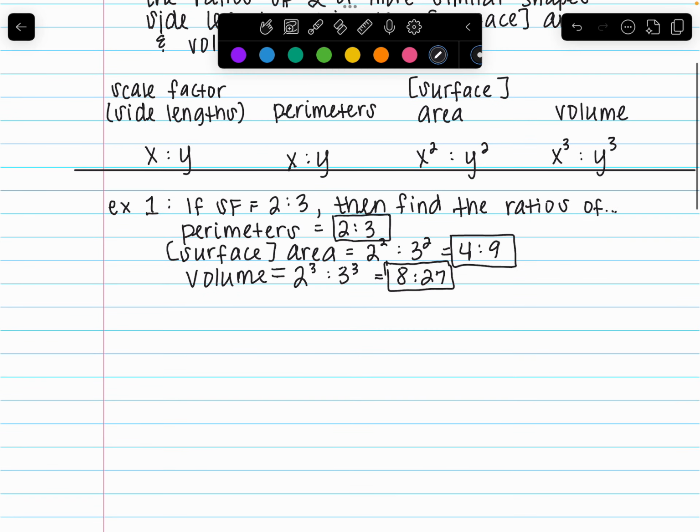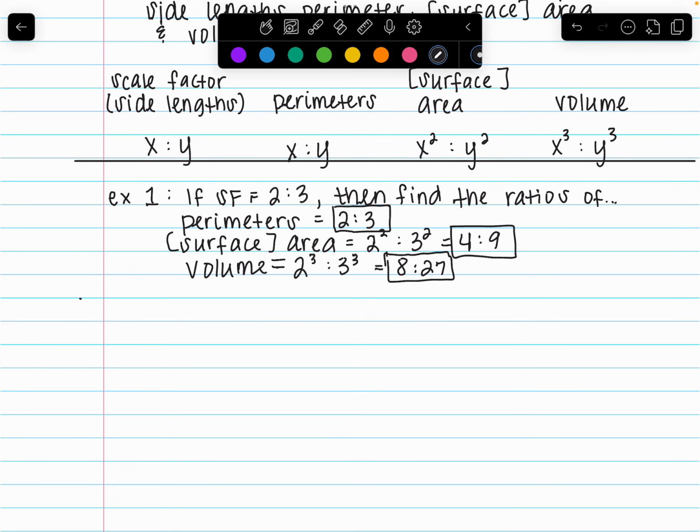Okay, so that's example one. That's how you do those types of problems. Now let's look at example two. For this example, we're going to be looking from left to right.